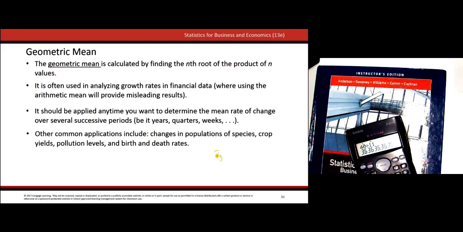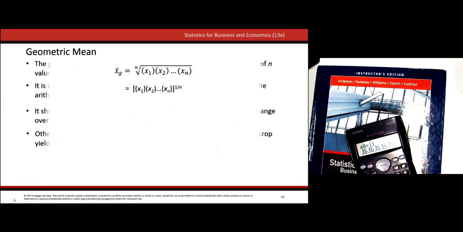It is denoted by x bar g, the nth root of the product of n values. So you have n values, you multiply those and take the nth root. But taking the nth root is the same as raising it to the power of 1 over n.